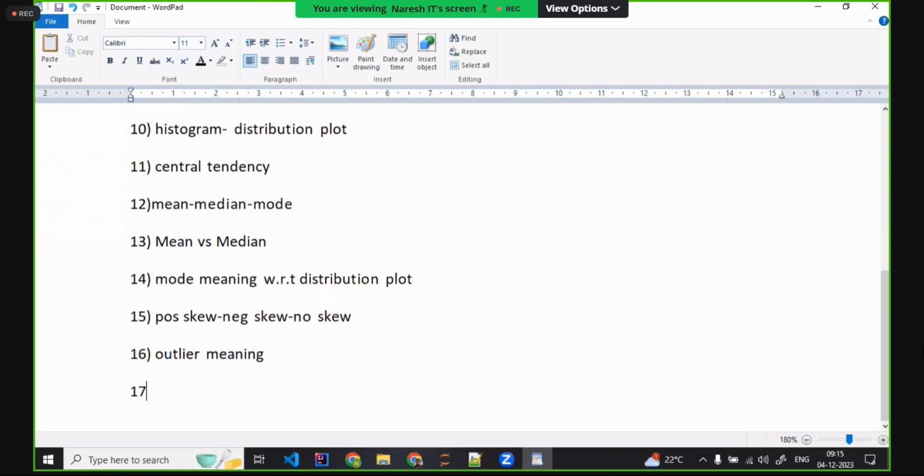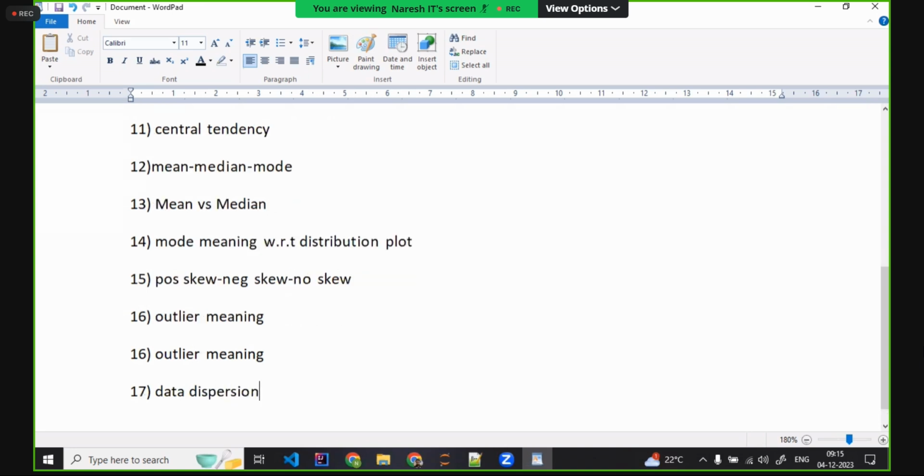And next we learn about data dispersion techniques. In that we learn about the range, and mean deviation and absolute mean deviation. What is the drawback of mean deviation?